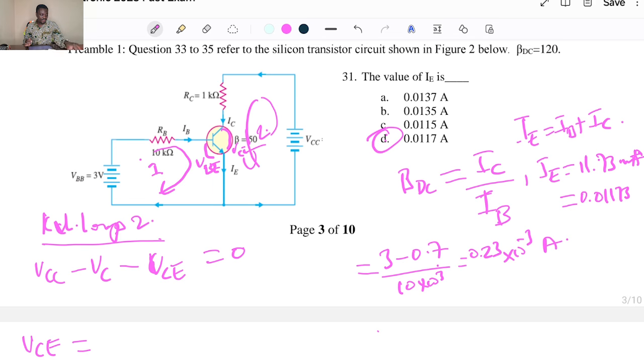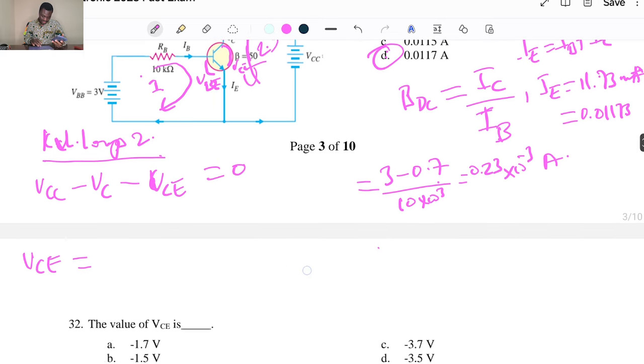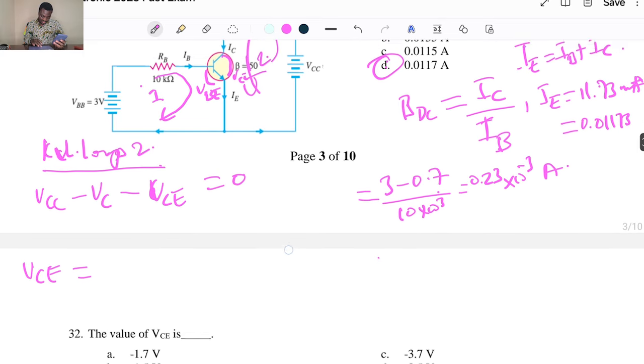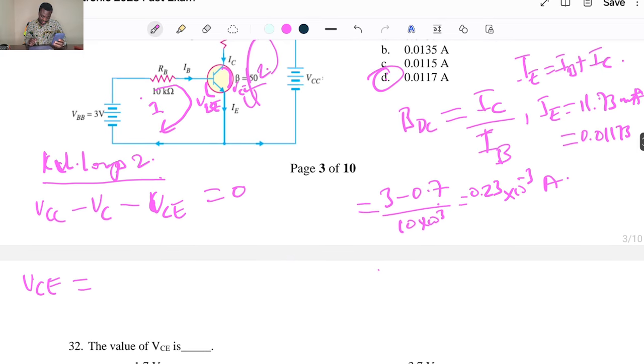So what do we do for VCE? Okay, the value of VCC here is not given, but let's assume it's, I don't know, probably 5 or something.